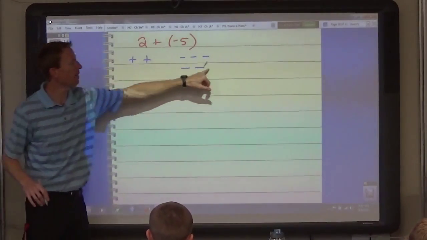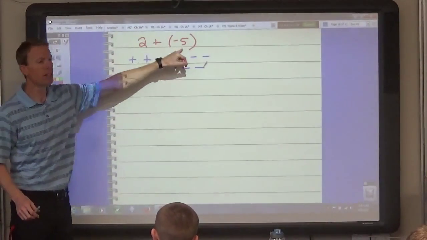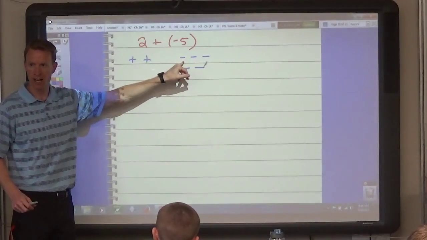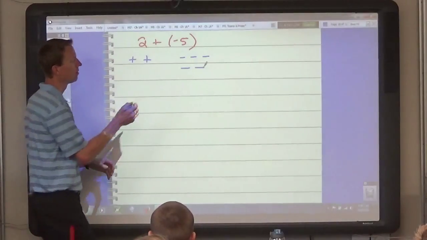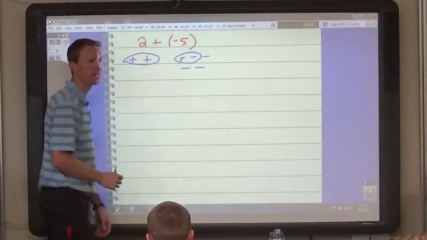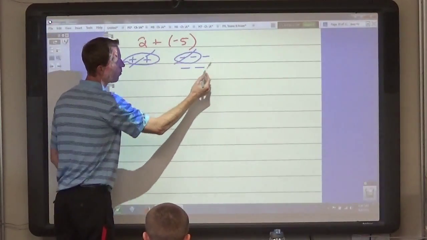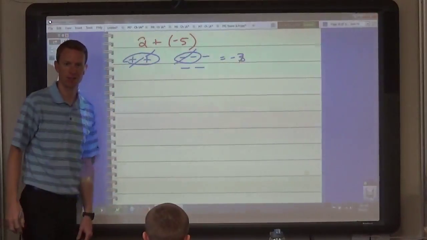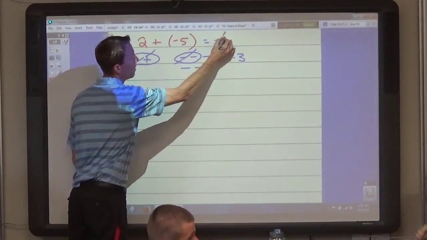So there's 5 minus signs and 2 plus signs. Now, when you have positive and negative, each positive cancels out a negative. Or each negative cancels out a positive. They cancel each other out. So 2 of these cancel out 2 of these. And what we're left with is 3 negatives. Negative 3. So 2 plus negative 5 is negative 3.